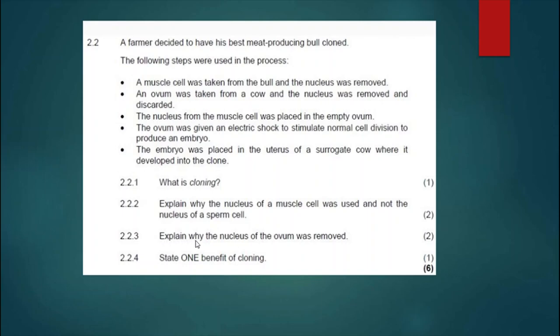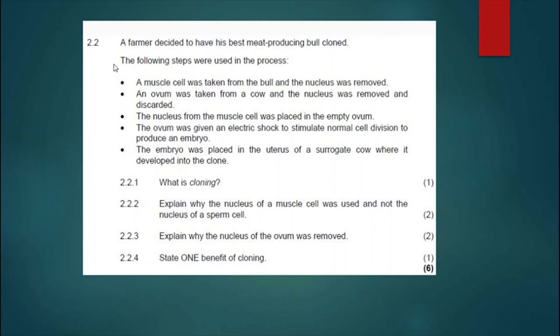So let's look at another question. They say explain why the nucleus of an ovum was removed. So now we'll have to read the statement. They say a farmer decided to have his best meat producing bull cloned, right? So he wants to clone his best meat producing bull.